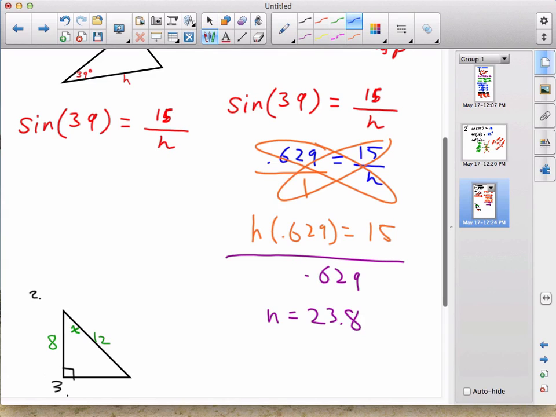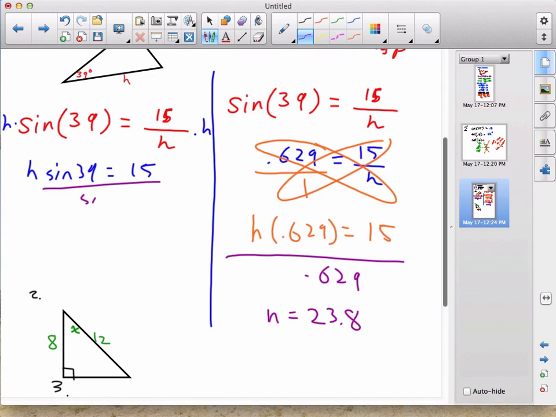You could multiply both sides by h, and then you've got h sine 39 equals 15. You could divide by sine 39, so h would equal 15 over sine 39. And then you can just punch this into your calculator. That's quicker than hitting solve. Also, if you end up messing up, it's hard to find where you went wrong in a calculator.